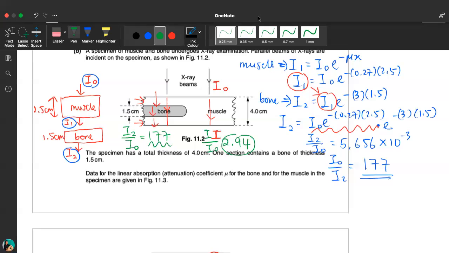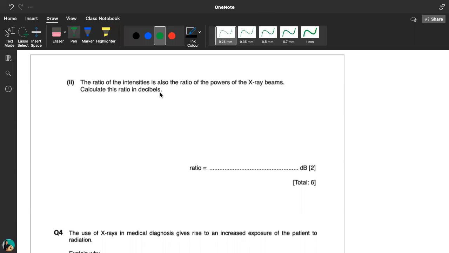Number 3: the ratio of the intensity is also the ratio of powers. Calculate the ratio in decibel. So if you want to get it in decibel, you have a formula for the decibel, right? dB equals 10 log I over I naught.